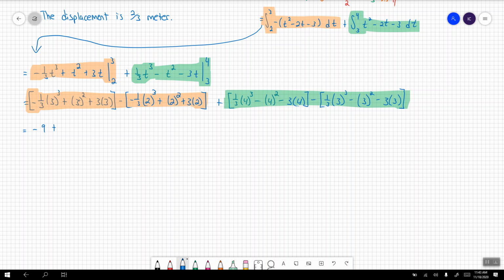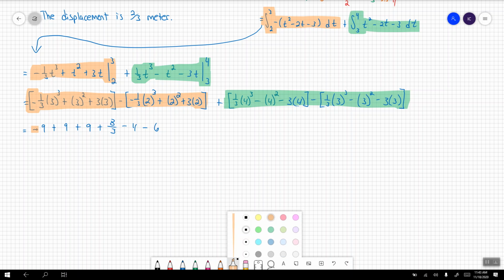Negative 9 plus 9 plus 9. Negative times a negative, that's going to be a positive, 2 cubed, that's 8, 8 over 3. Again, distribute the negative. 2 squared, so it's going to be negative 4. Distribute the negative, that's going to be minus 6.